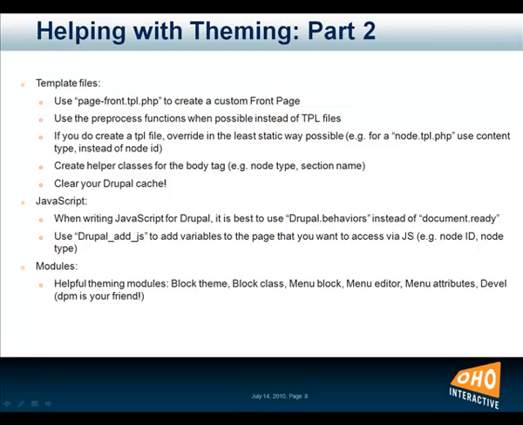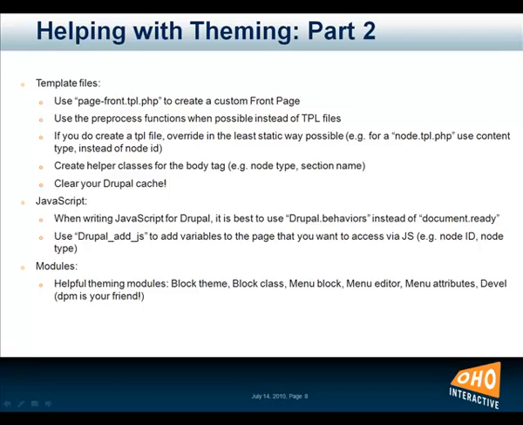So if you had a news content type, you would use node, or was it node content type news. You would just follow that naming convention and change the TPL file name to reflect that content type, and it will be used whenever a news content type item is being called on your site.